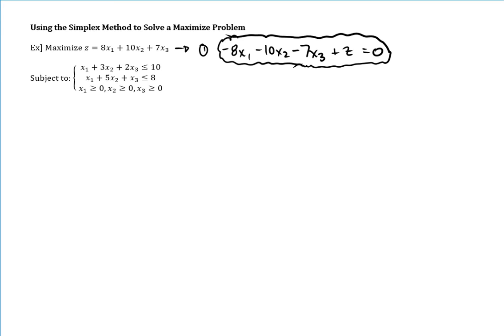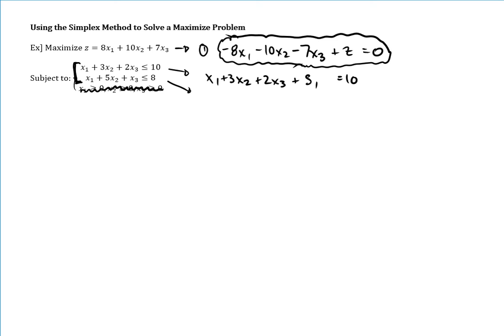In our second step, we're looking at the inequalities. This bottom one I'm just going to scribble out. Those are the assumed things, so I don't really care about this. Here we have the main two. So if they did ask how many slack variables we need to introduce, we need 2 slack variables. So this top one, we would have x1 plus 3x2 plus 2x3 plus this first slack variable needs to equal 10.